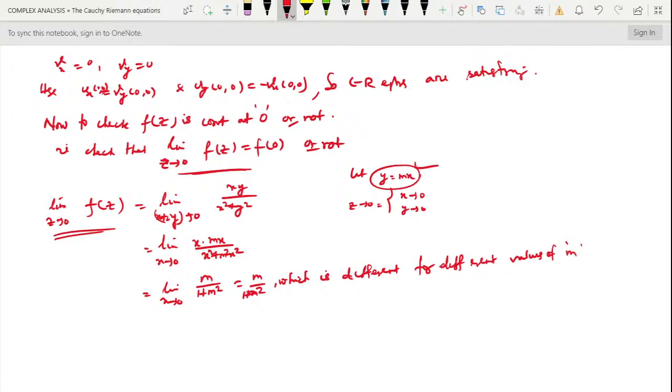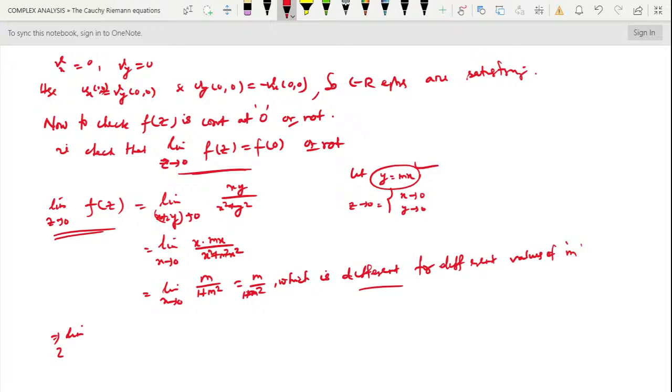We know that if the limit is a particular finite quantity, then you can say the limit exists. But it is different for different values of m, and a limit is always unique. So you can say the limit as z goes to 0 does not exist.